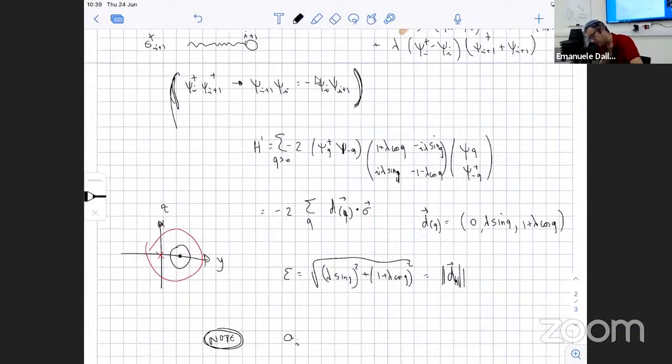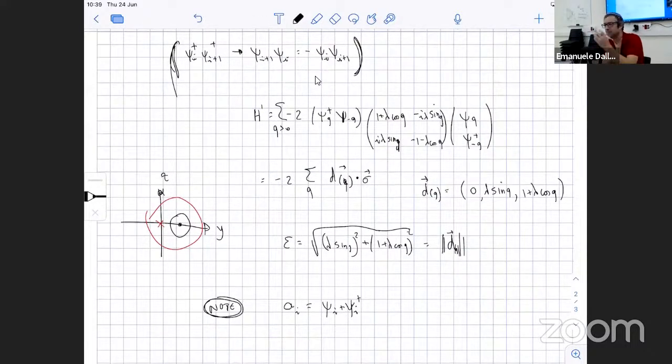There is an A operator, which is going to be psi I plus psi I dagger. So you basically split the complex fermion into a real part and imaginary part. You define two operators, A operator and B operator. The B operator is psi I dagger minus psi I. These are the two Majorana operators.